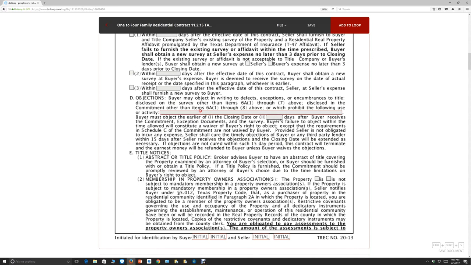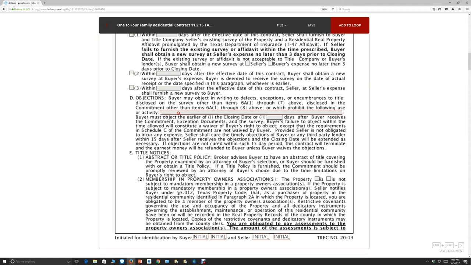Objections. The buyer can object in writing to any defects, exceptions, or encumbrances to the title, and any prohibition of the following use or activity. So if they plan to raise llamas, if they're going to have a ham radio station, if they need to build a full boat launch or something, there can be things that need to go here. A common one is a swimming pool.